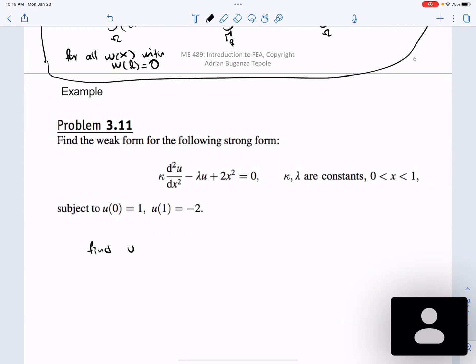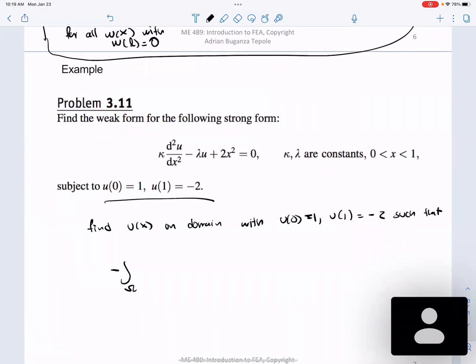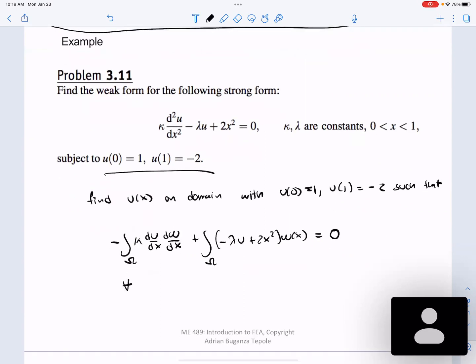So it's going to be: find u of x on the domain with essential boundary conditions for both, u of 0 equals 1, u of 1 equals -2, such that minus the integral over omega of kappa du/dx dw/dx, and then plus the integral over omega of (minus gamma u plus 2x squared) times w of x equals 0, for all w of x with w at 0 equals w at 1 equals 0. That is the weak form for this statement.